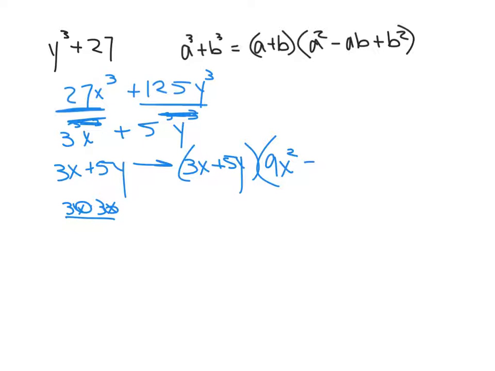Minus first number times the second number would be 15xy. Remember, the 3 times 5 is 15, but you can't do anything with the x and the y, so you leave them. Then we take the second number, 5y, and square it. 5 times 5 is 25. y times y is y squared. And we are done.